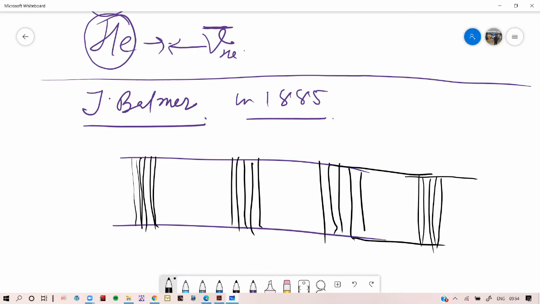So he showed the frequencies of a series of lines: frequency of this series, frequency of this series, frequency of this series. That is, the frequency of the series of lines in the visible part of the spectrum of atomic hydrogen.